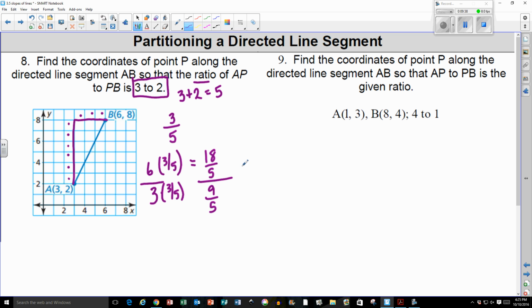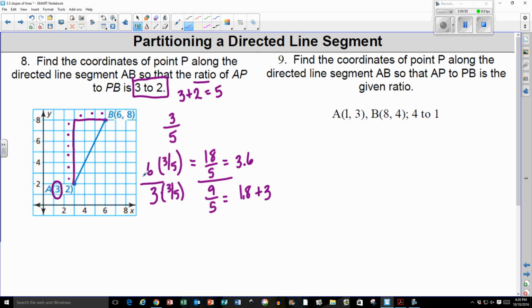And then let's just go ahead and convert this 18 over 5 into a decimal. So 18 over 5 is 3.6. 9 over 5 is 1.8. So now you take your starting point. So 3 is the starting point.